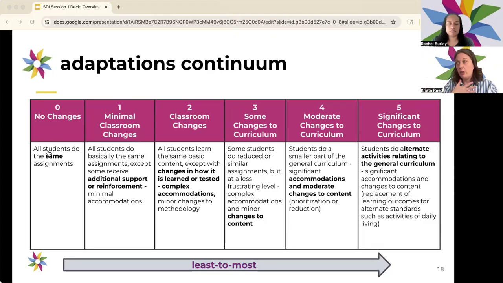A student who's on an alternative pathway to a diploma and is addressing alternative standards, that's a pretty major change, right? It's going to change most of the activities and most of the curriculum that they're exposed to during the school day. So just acknowledging that these can be various degrees of change for a student.